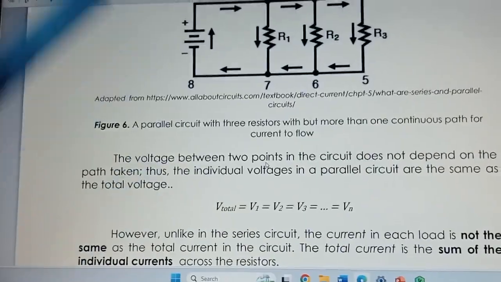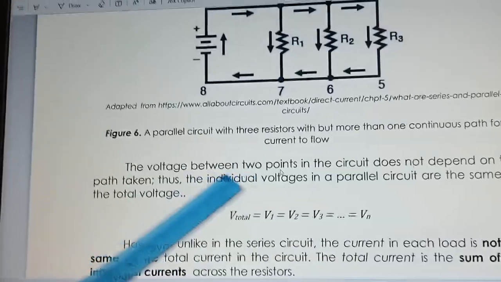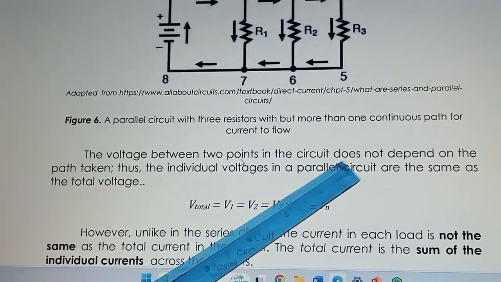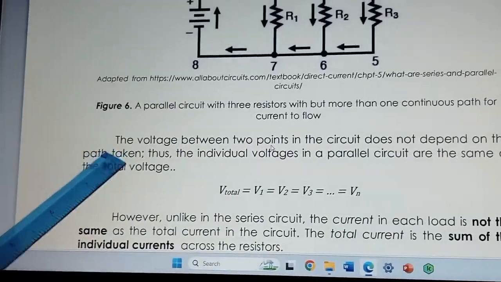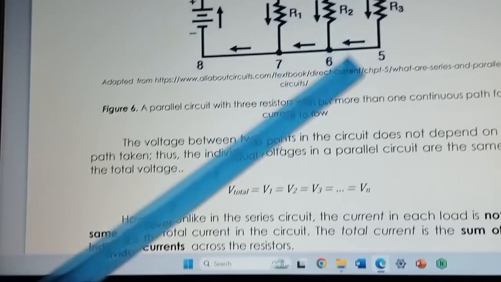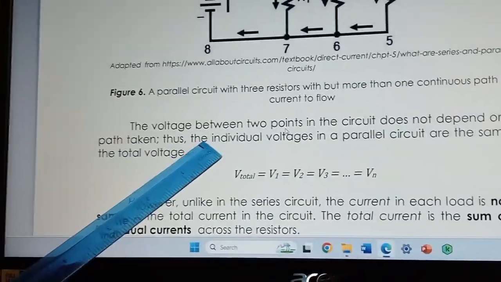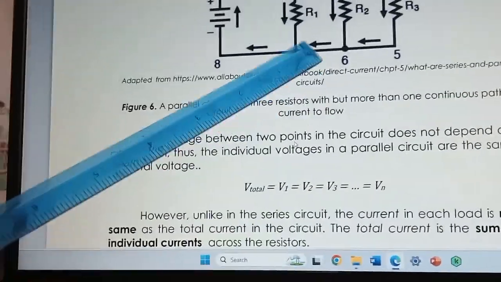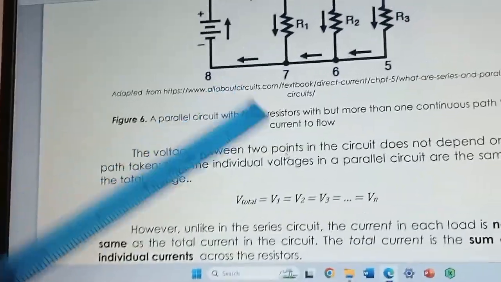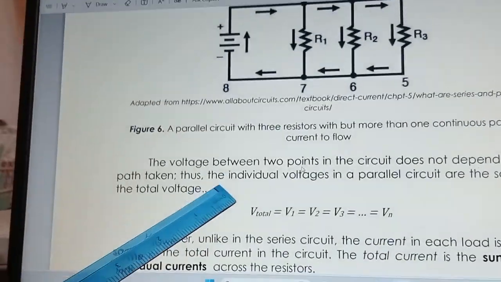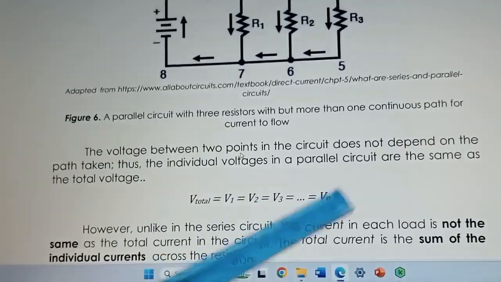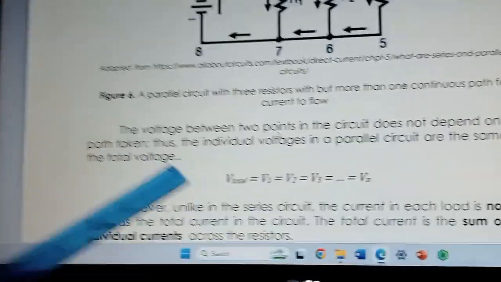The voltage between 2 points in the circuit does not depend on the path taken. Whatever the path taken is, the voltage between the points remains the same. The individual voltages in a parallel circuit are the same as the total voltage.